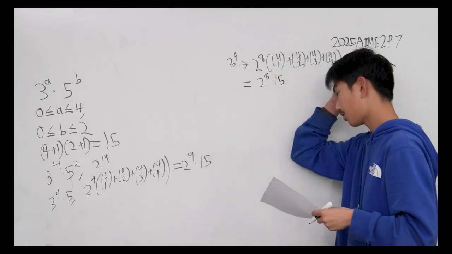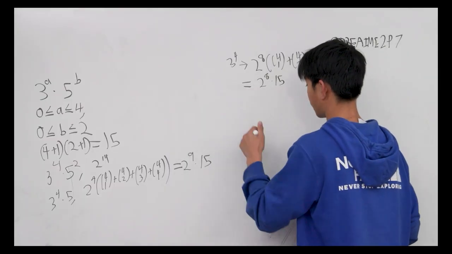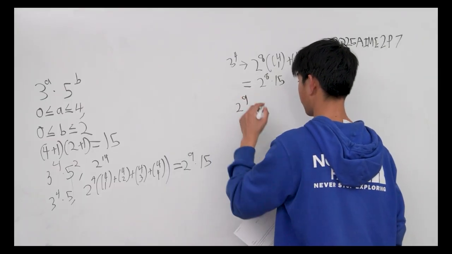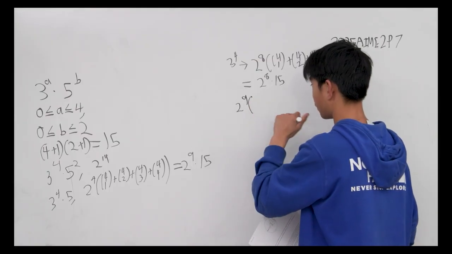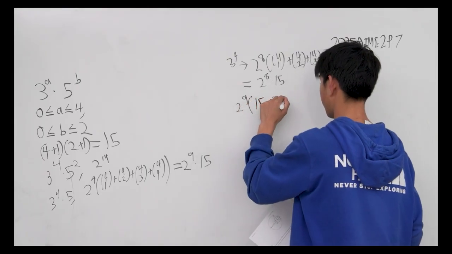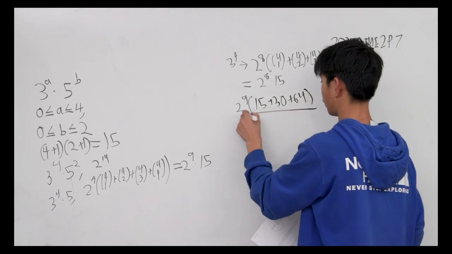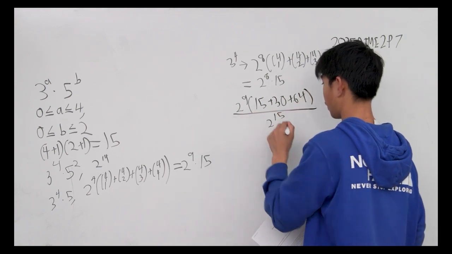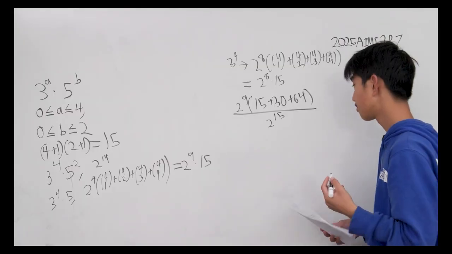Therefore, our answer is just simply going to be all these summed up. So 2 to the power of 9, because we can factor out something common. Basically, this is going to be 15 plus 30 plus 64, all over 2 to the power of 15, which is the total cardinality.